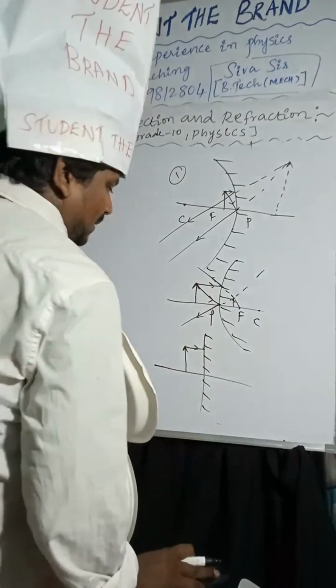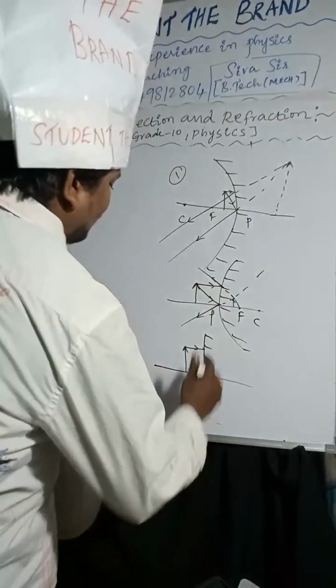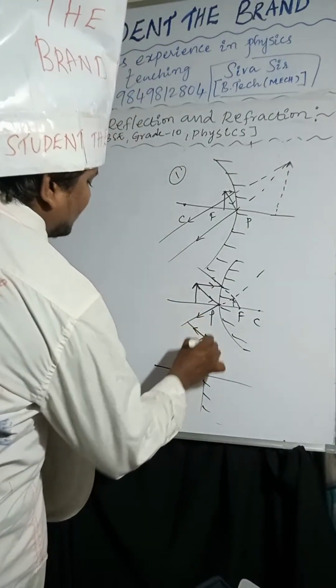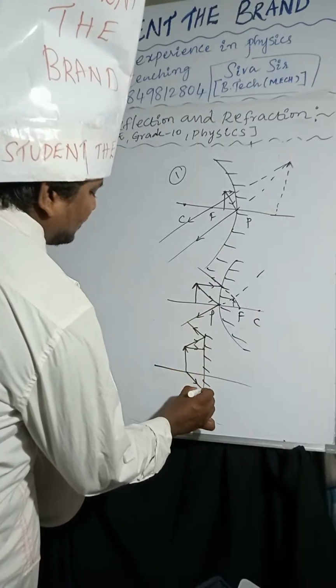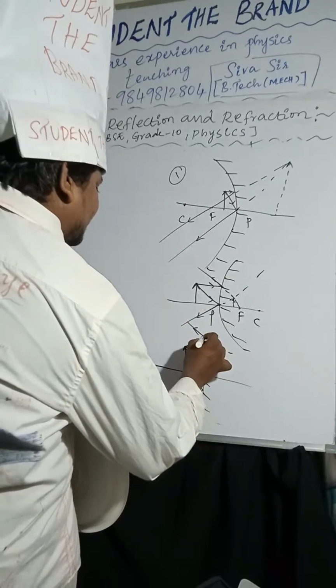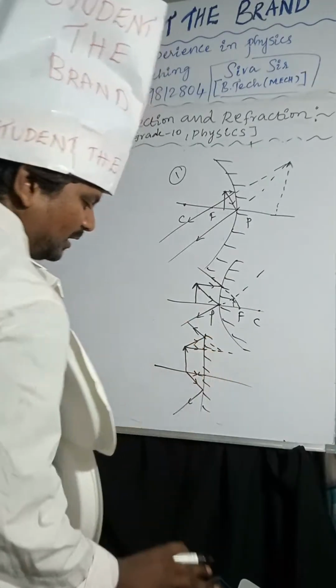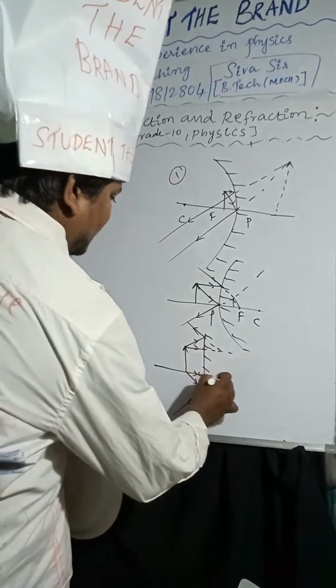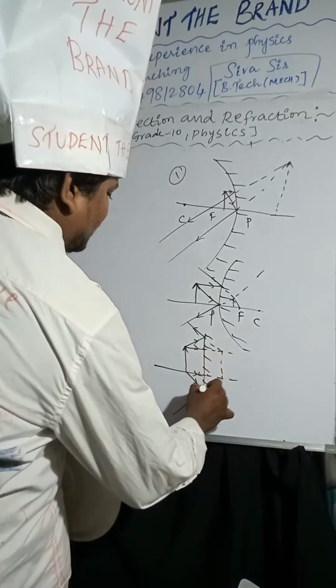One more light ray is incident at this point and is reflected. If you extend these light rays, the image will form here.